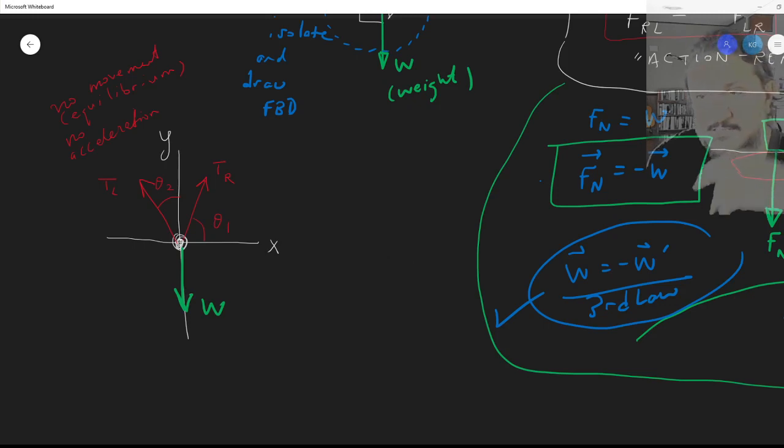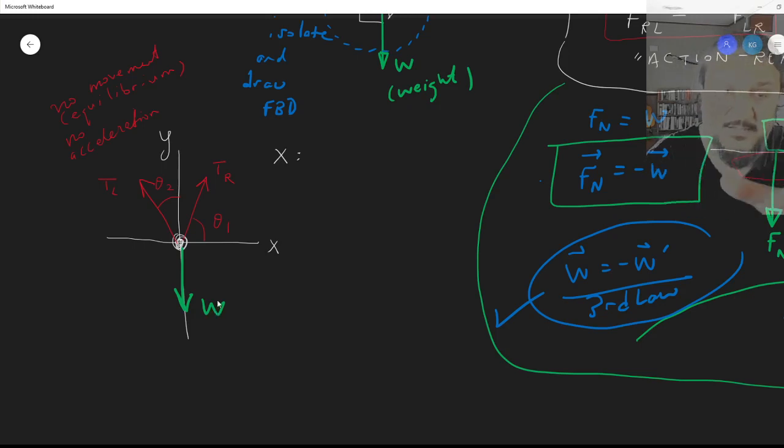How? Like this. In the x direction, what's happening? Meaning if I decompose the two vectors here into their x and y components, what will I obtain in the x direction? And W does not even have an x component.